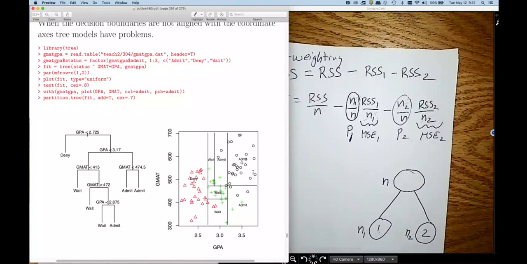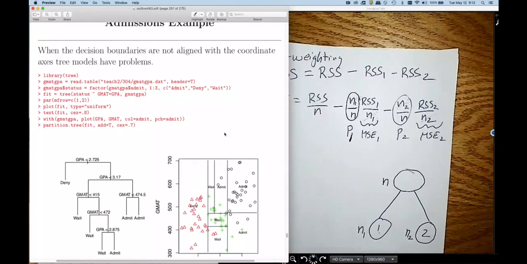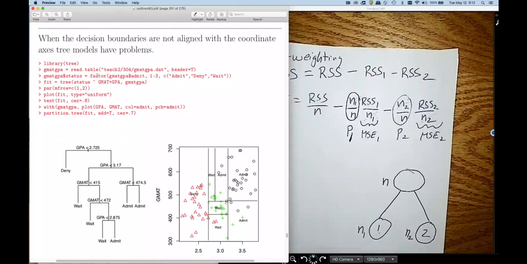And it turns out trees are going to struggle a bit with this. And so here's the reason that they struggle. So I went off and I fitted a classification tree. This turns out to be the resulting tree. And so, we first split on grade point average of 2.7. So that's our first split. And we isolate a lot of the wait lists, but we got a few stragglers over here that didn't quite get captured.